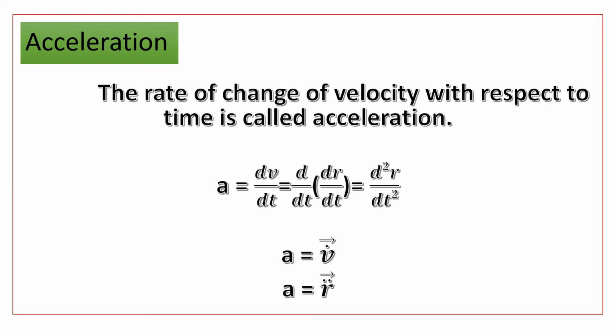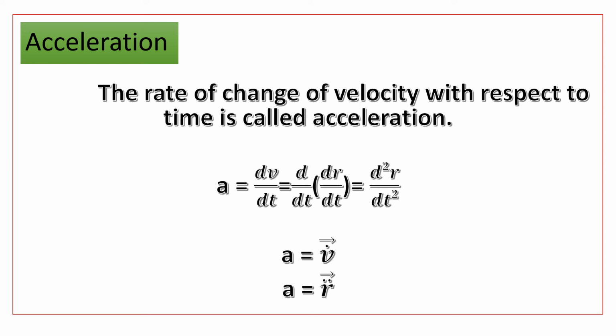We can say that here acceleration is in the form of the position vector's second-order differential. Now you see that dr over dt means velocity, and if velocity is differentiated again, it is given by v dot.